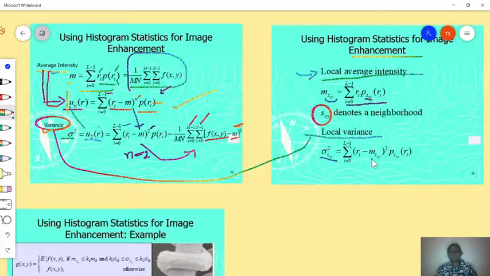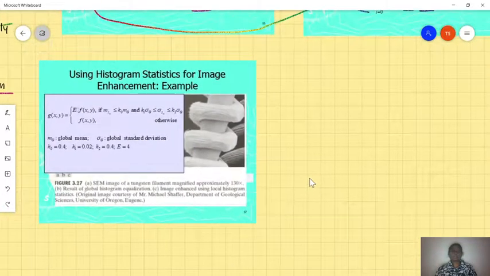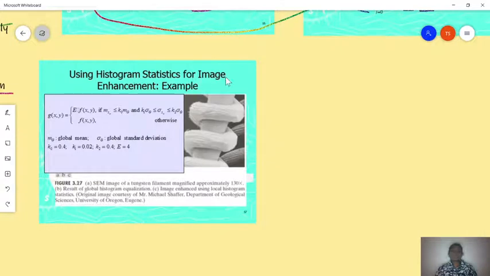So here only the subscript value we are changing within this formula: S of xy, sigma of ri minus m of S of xy whole square, times the probability density function for S of xy upon the pixel value r. And I'll show another example using histogram statistics for image enhancement.